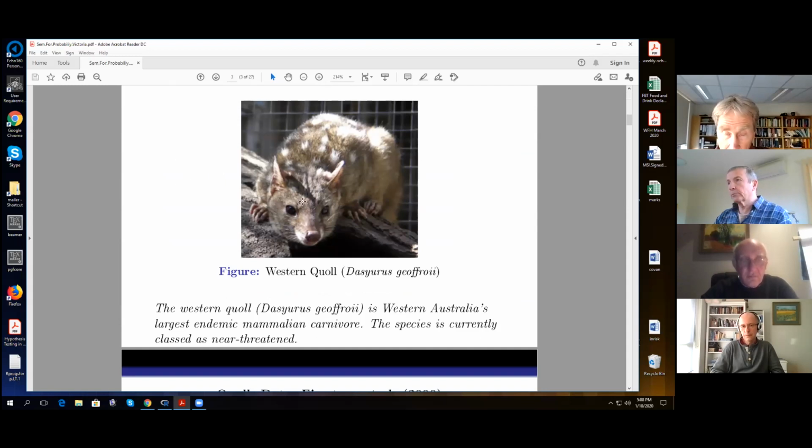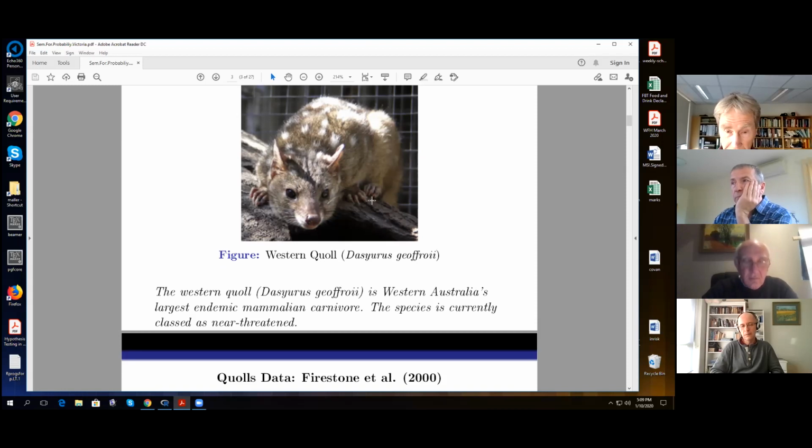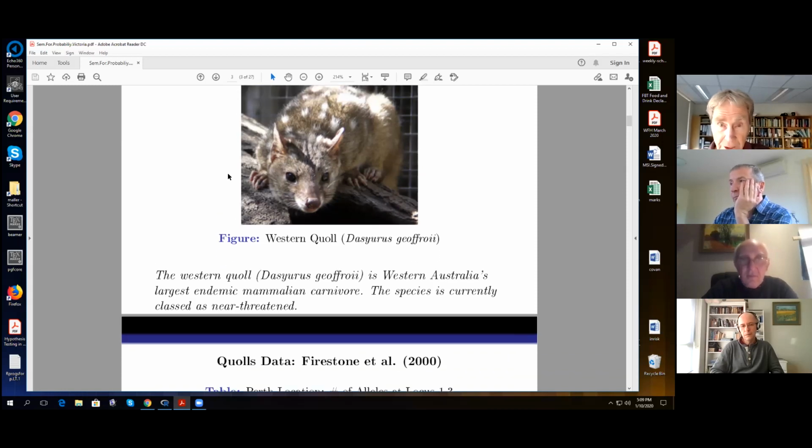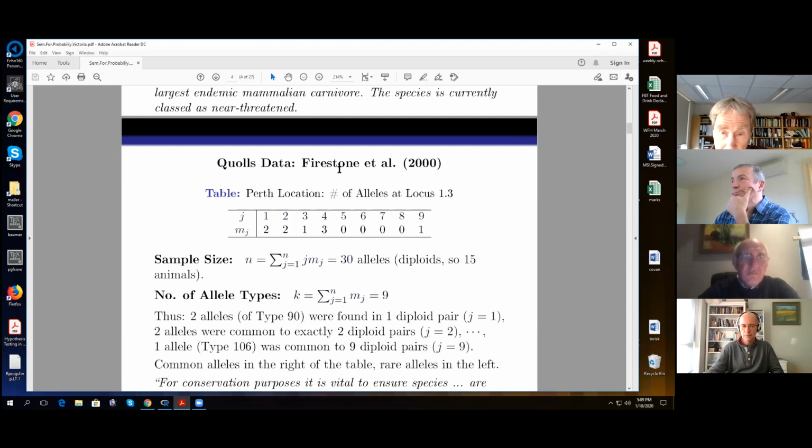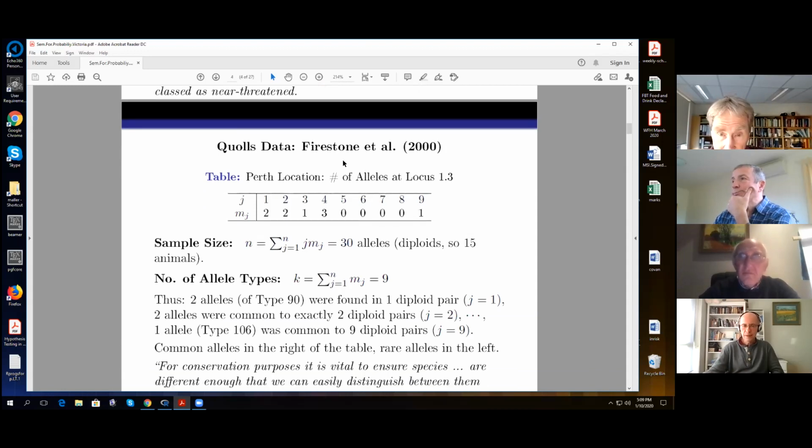It's a carnivore, actually, about the size of a cat, and occupies a very similar niche in nature. In other words, it catches and eats things smaller than itself. It's an endangered species, and as we looked through the literature on this, we managed to find a little bit of data, in particular from this paper of Firestone et al., which is listed in the references. So it's just an example of the sort of data that you can see.